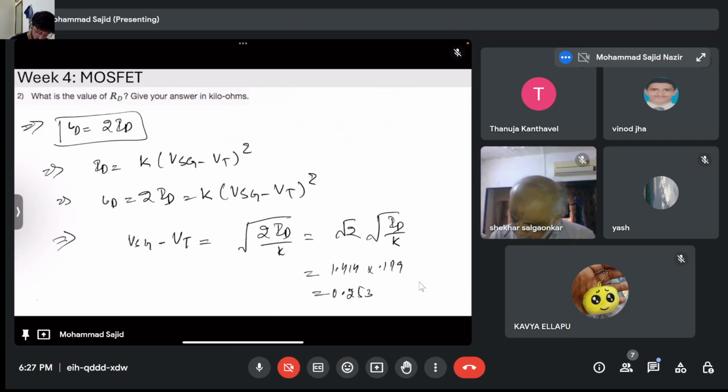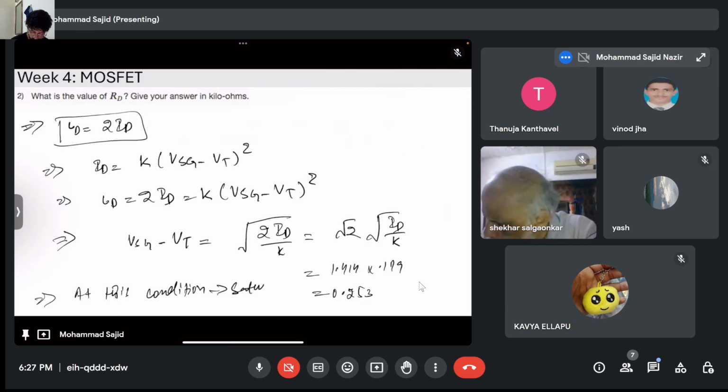At this condition, we need our device to be in saturation.